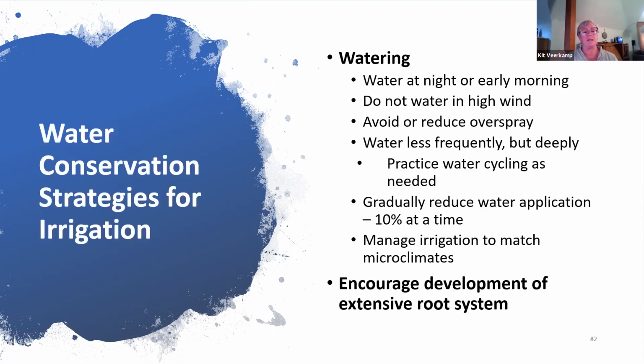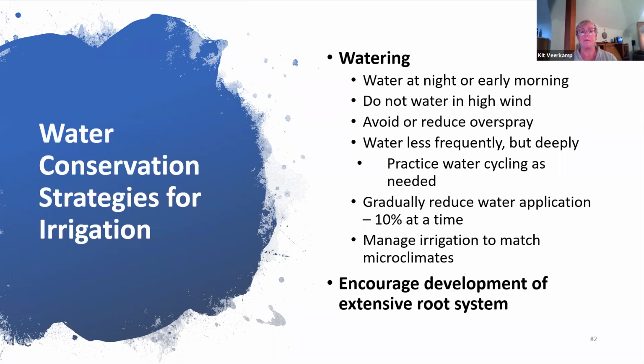So in terms of some conservation strategies for irrigation, water at night or the early morning. And early morning is always best. Watering at night can be problematic in terms of spreading disease or making things more moist in terms of molds and fungi spreading.